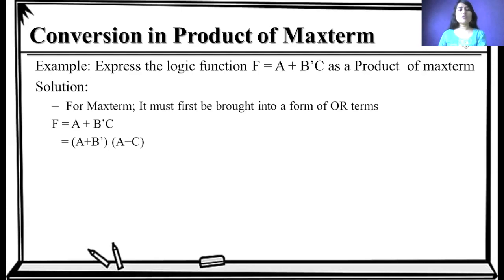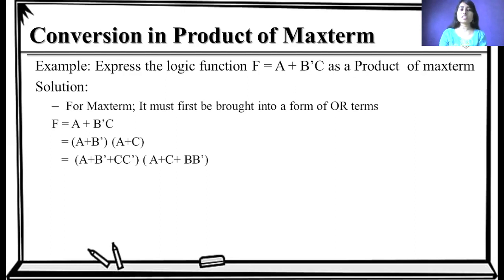Now we have to consider the missing terms. In the first bracket C is missing, in the second bracket B is missing. So how can we add these terms? For an OR operation, we can add C·C' because the product C·C' results in 0.